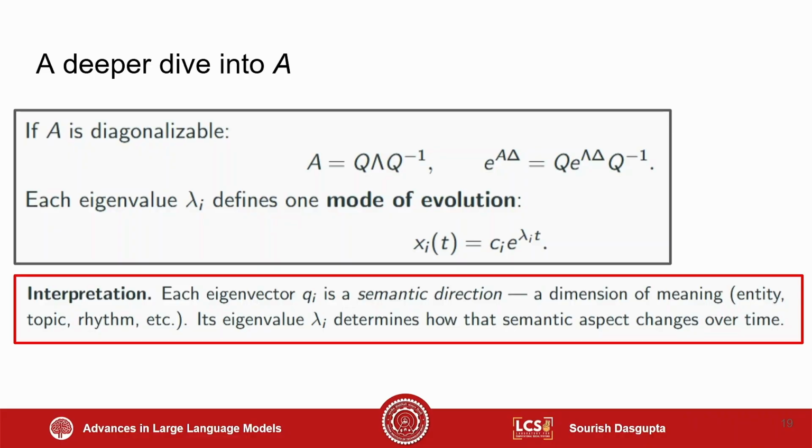So think of the A matrix as containing all the different aspects of the meaning, and every eigenvector represents one of those aspects. As time moves from T1 to T2 to T3, certain aspects will die down, certain aspects will reinforce, and so on, right? So the eigenvector, as you know, is like a semantic direction that you get over time.